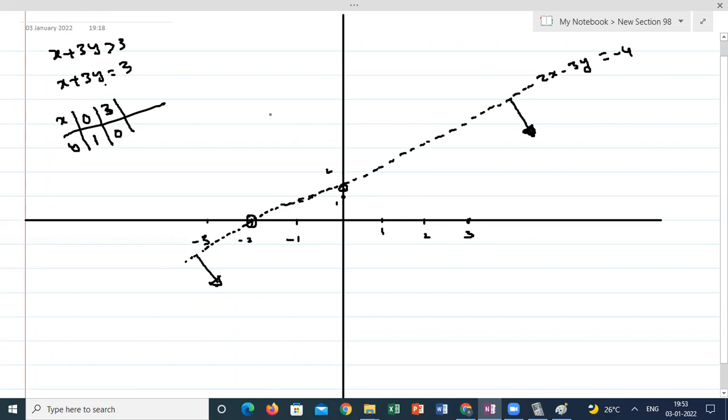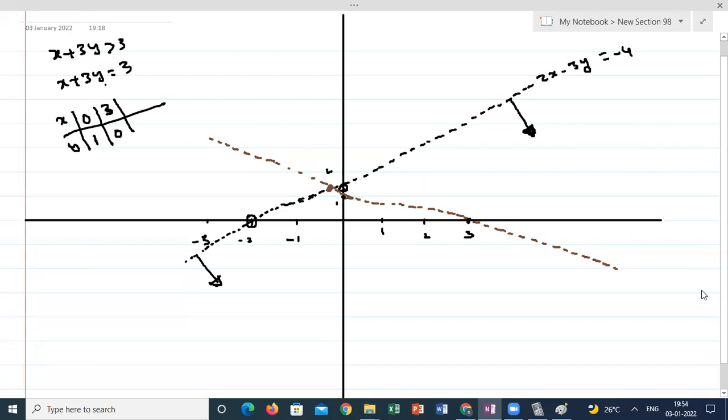This also should be a dotted line. So this is a point of intersection, which is slightly left of the y-axis and above the x-axis, in the second quadrant.